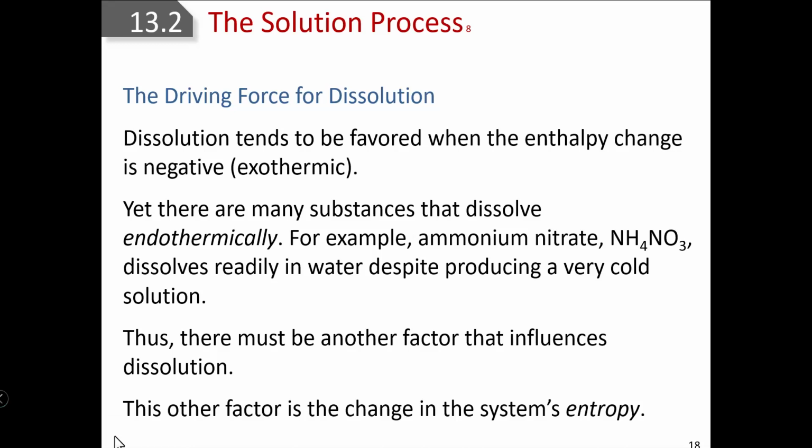So just to refresh your memory from the last video, we said the delta H of the solution, the heat of the solution, is the heat involved when a solute dissolves in a solvent. So again, what we're talking about here is we have a container.